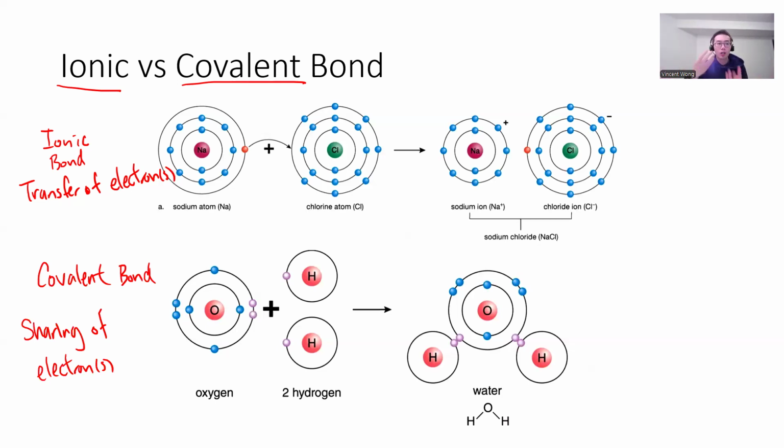I will contribute one electron, you can contribute the other one, and we will share them together. So sodium chloride is an example of an ionic compound that involves transfer of electron. Water is an example of a covalent compound because they are sharing electrons. So if they have an ionic bond, we call them an ionic compound. If they have a covalent bond, then we call them a covalent molecule.